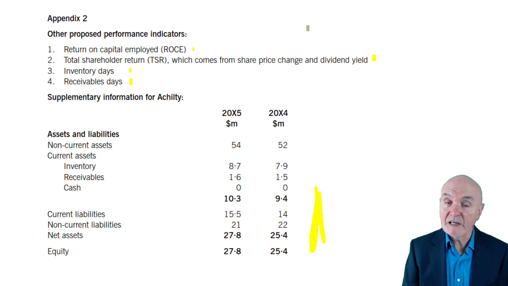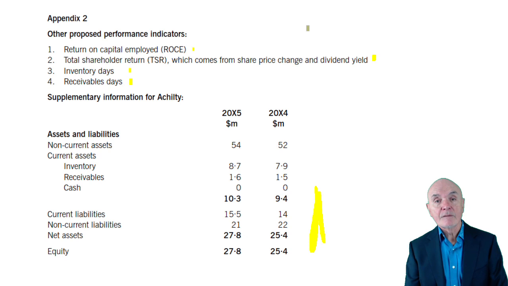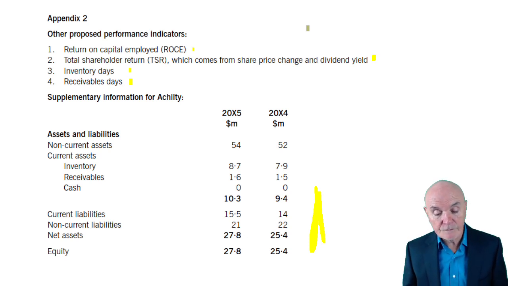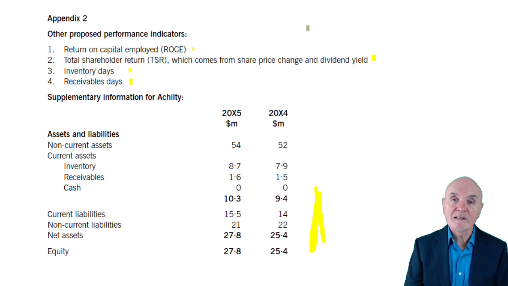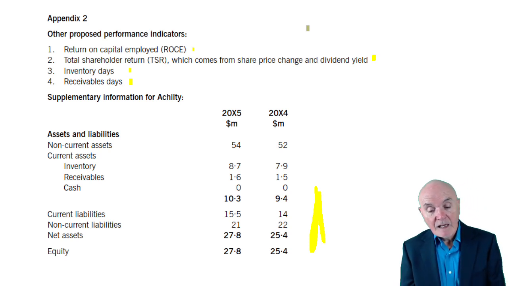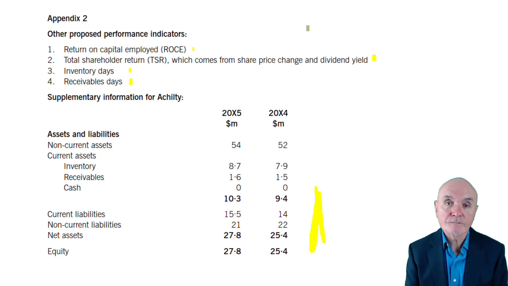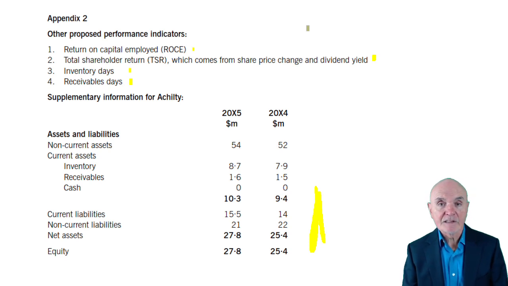Receivables days is a very common measurement to make, the number of days credit that customers take. Here it is essentially useless because this is a web trading company, and when you go on the web and buy something, you give your debit or credit card number, and it is not up to you when to pay.